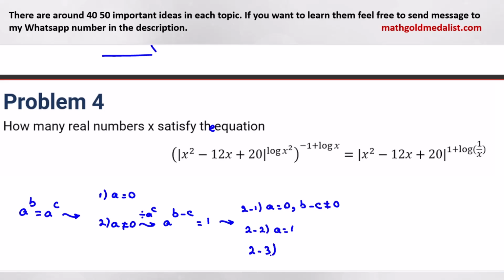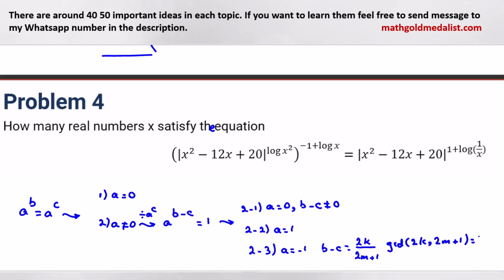Case 3: A is negative 1, and what can we say about the power? Probably you say that the power should be even. Yes, but it is not the general case. We can say the power should be an even number over an odd number, for example, it can also be a fraction, 2k over 2n plus 1, which is in the simplest form, with GCD 1.